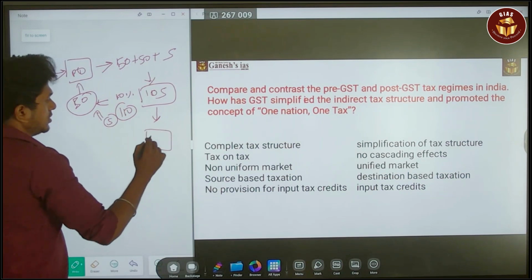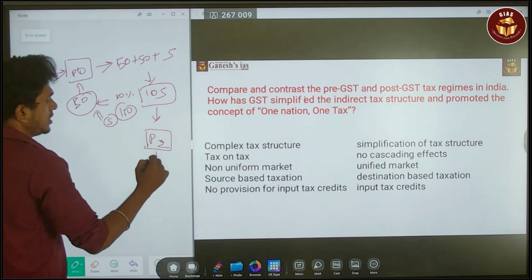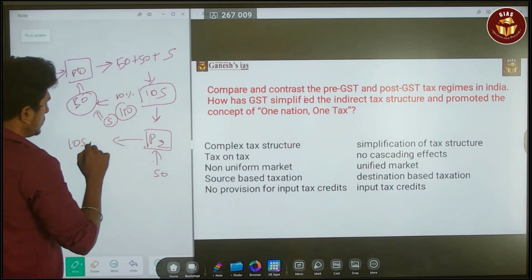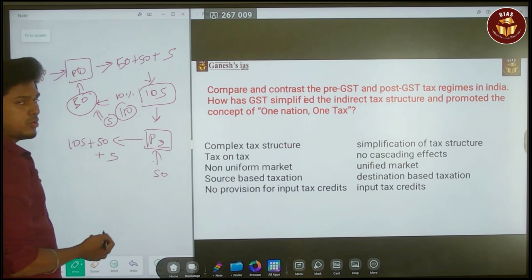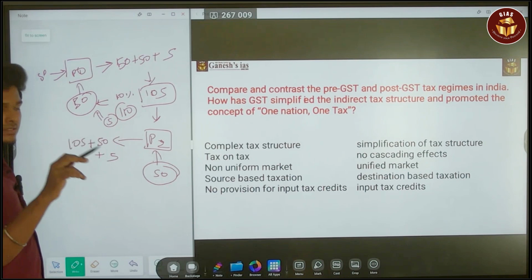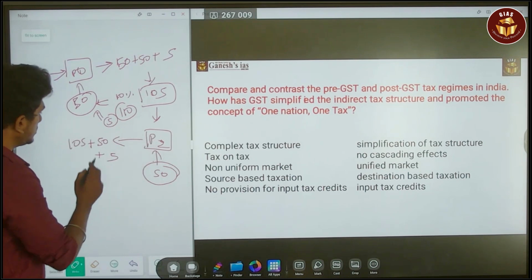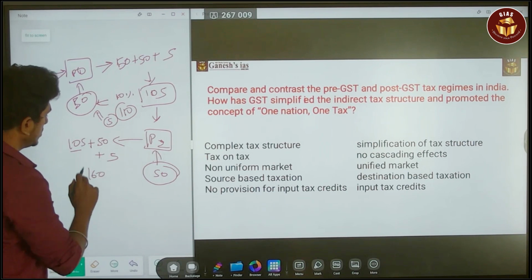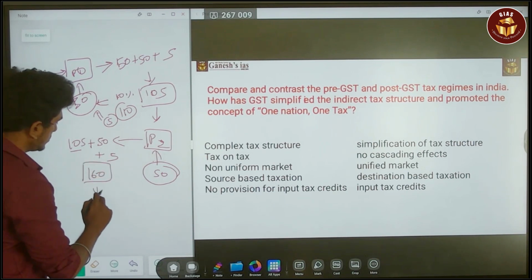Next, producer 2 is buying it and doing a value addition of 50 rupees. Now 105 plus 50 plus again 5 rupees only, because the value addition is 50 rupees and the tax on that value addition is only 5 rupees. So 105, 155, it's 160. In pre-GST it is 176.